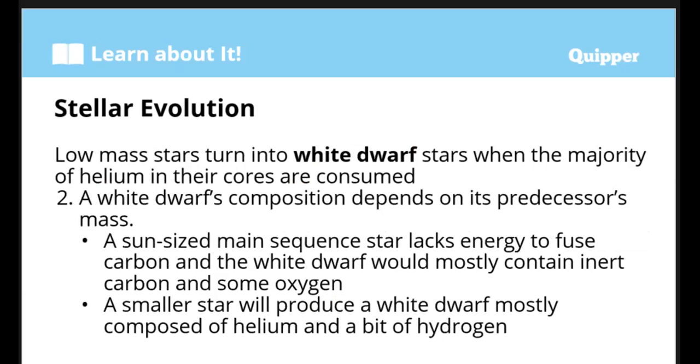A sun-sized main sequence star lacks energy to fuse carbon, and the white dwarf would mostly contain inert carbon and some oxygen. So take note that in the illustration from the previous slide, the inert carbon needs to consume helium. When the helium is also depleted, or there is not enough helium as it consumes, this white dwarf star contains oxygen already.